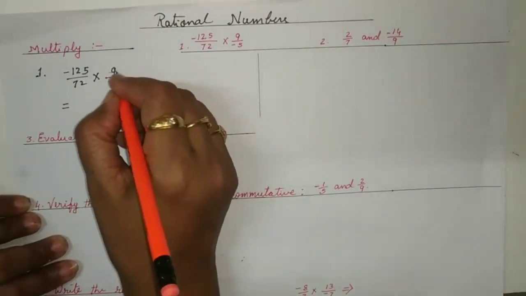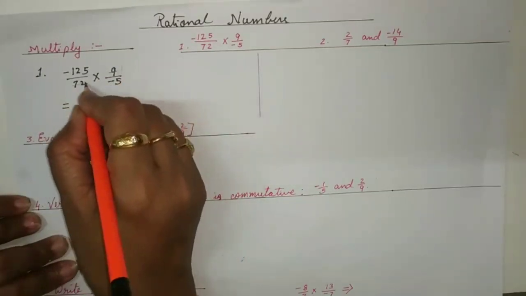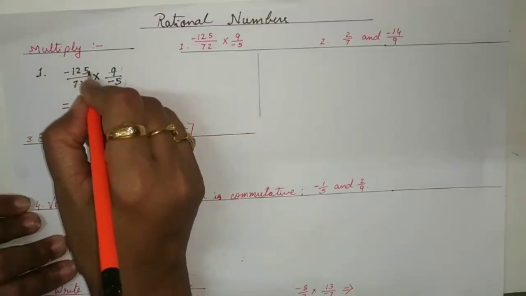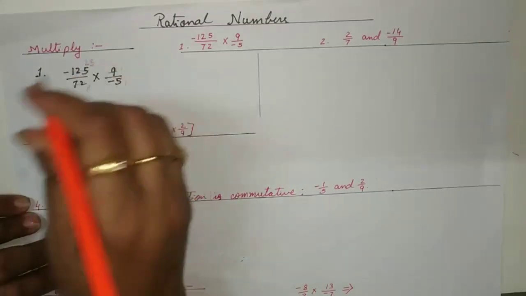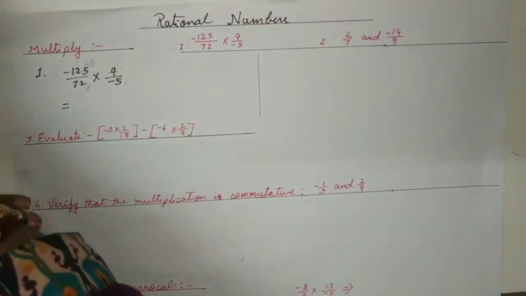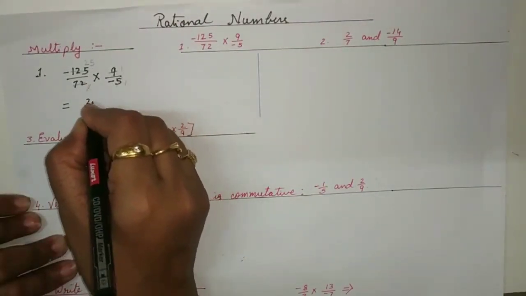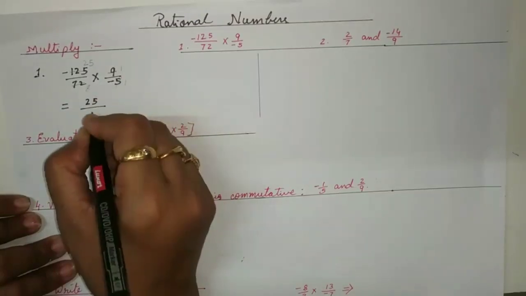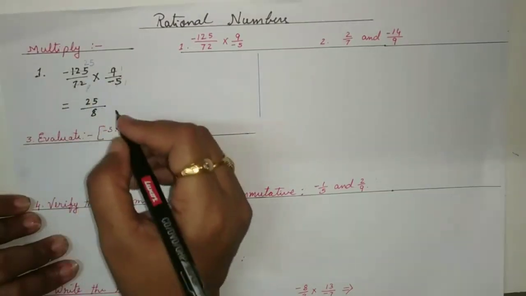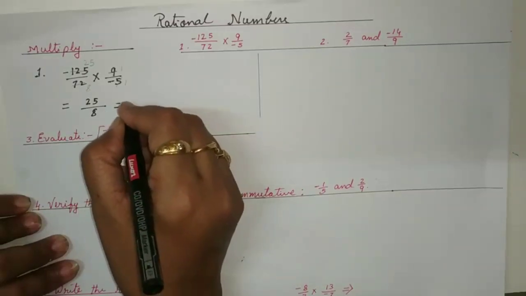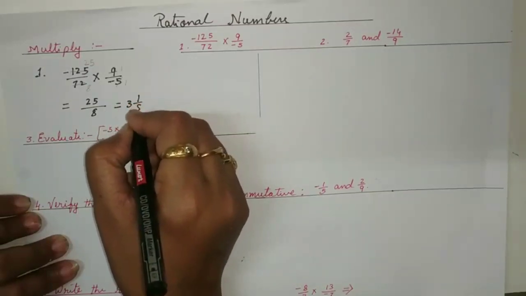So 9 ones are 9, 9 eights are 72, 5 ones are 5, 5 25s are 125. So now what you get: 25 into 1 is 25, 8 into 1 is 8, minus and minus cancels, minus minus plus. So your answer is 3 whole 1 by 8.